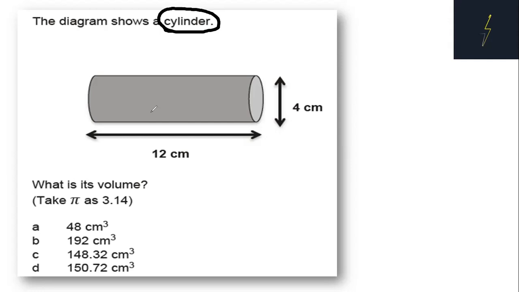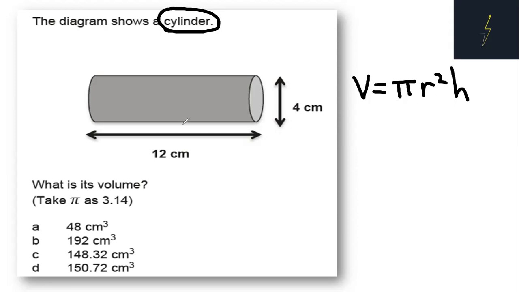All right. So the formula for volume of a cylinder is V equals pi r squared h. And r represents the radius of the circle, and h is the height.